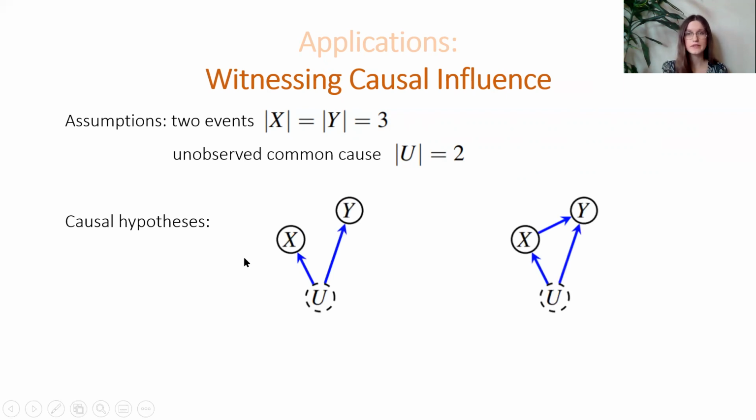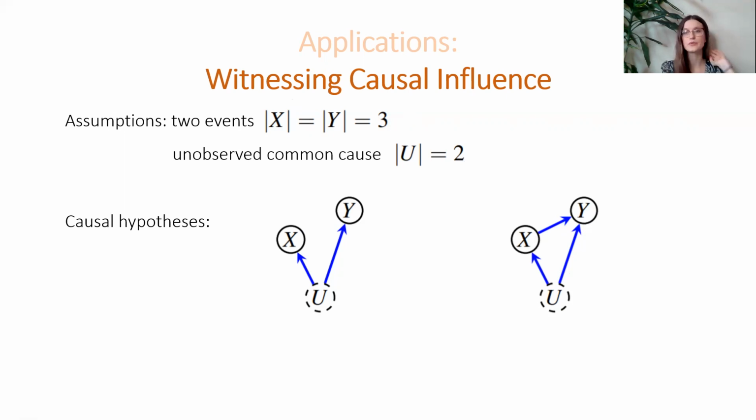Either the causal model over these three variables is represented like this, so we just have u as the common cause of x and y, or we can have u as common cause of x and y and an additional arrow from x to y.